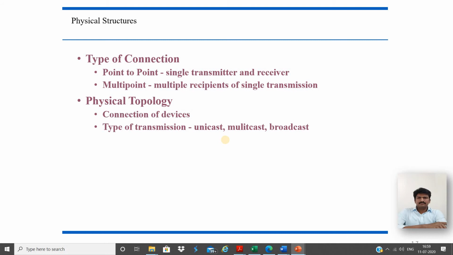And physical topology means how the devices are connected, and types of transmission, whether you are going with unicast, multicast or broadcast. Unicast means only one person is transmitted to. Multicast means a group of computers of the network is going to transmit, and a group of computers is going to receive. Broadcast means the information is pumped out to everyone.